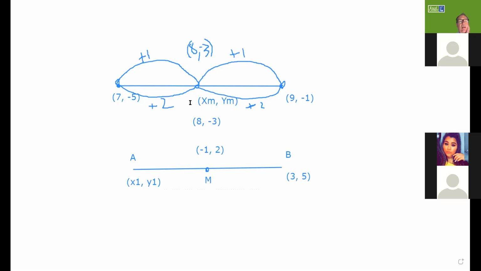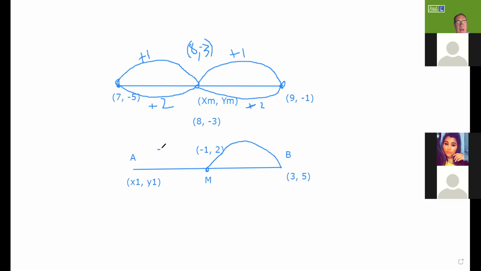So if I do the same kind of comparison visually as I did with that first problem, how far am I going on my x value to get from 3 to -1? That's going left 4 on the number line because that gets me into negative numbers.